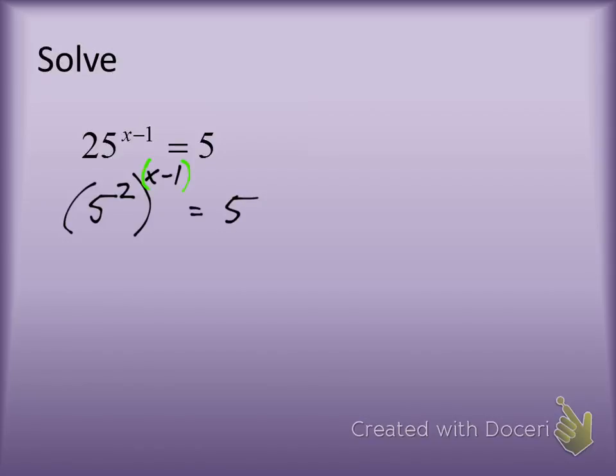Binomial. Right? Okay. So when you set this up, you have 5 times 2 times x minus 1 equals 5. So what do you have to do right here? Starts with a D. Distribute. Okay? So 5 to the 2x minus 2 equals 5.